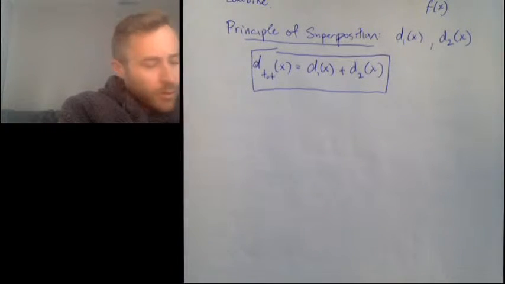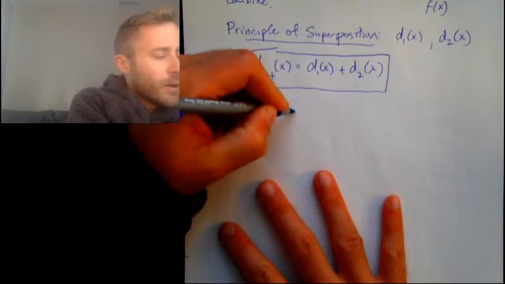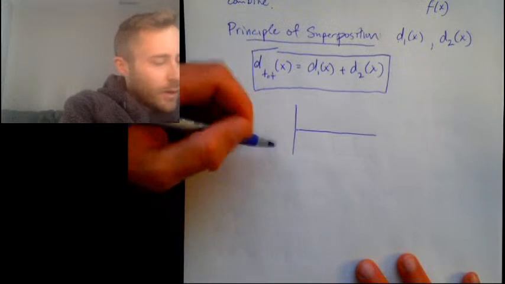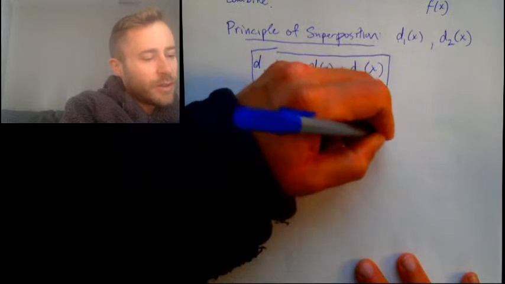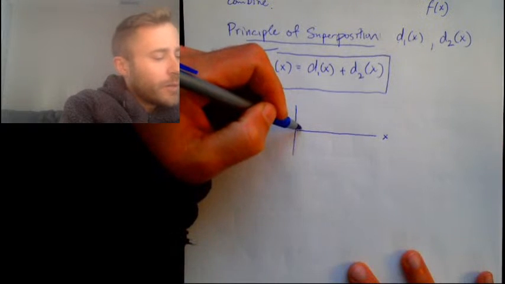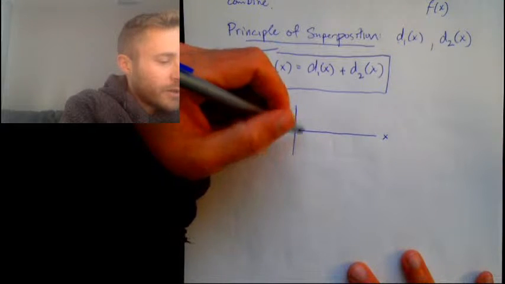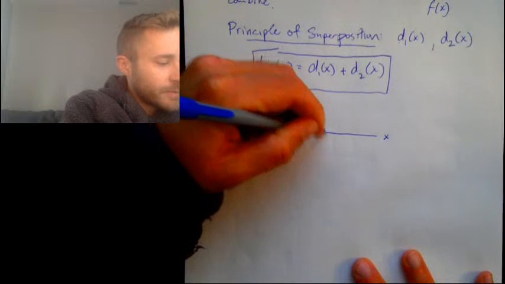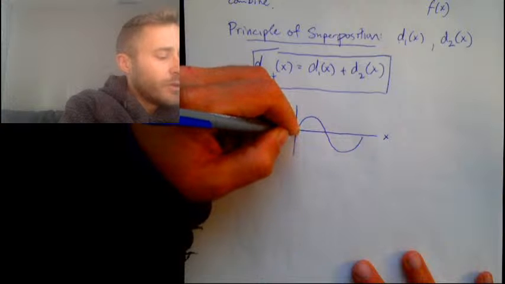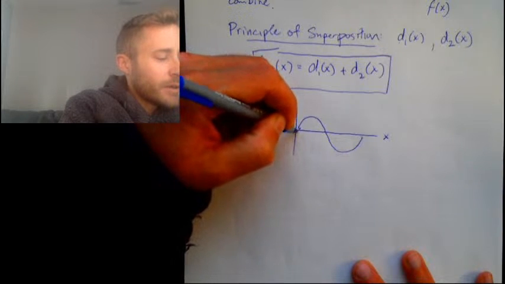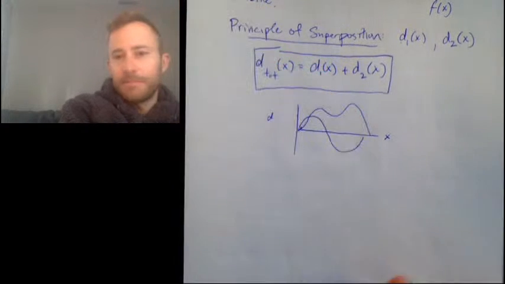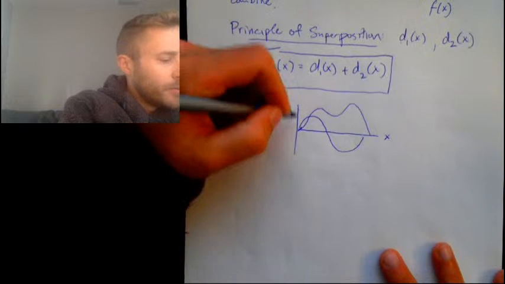So what does that mean? Well, what if I have two waves? I'm going to draw them. Displacement as a function of position, and maybe wave 1 looks like this, and wave 2 looks like that.